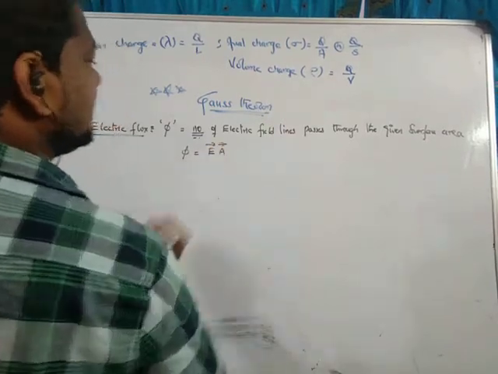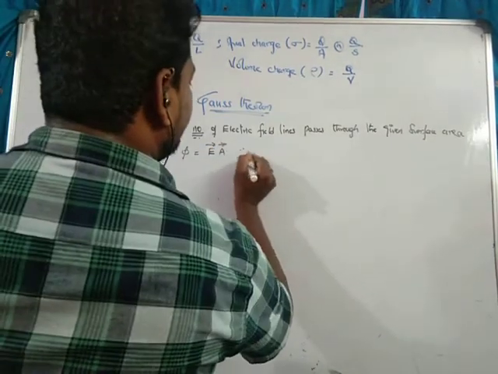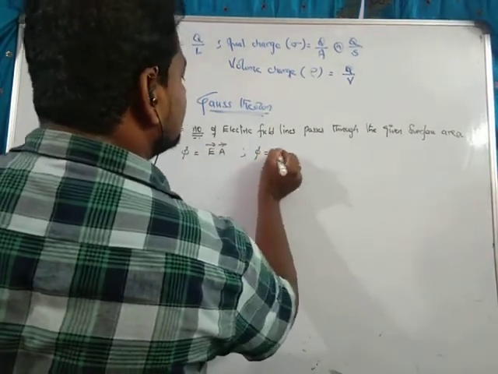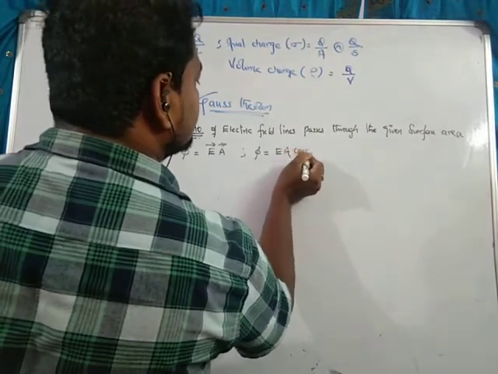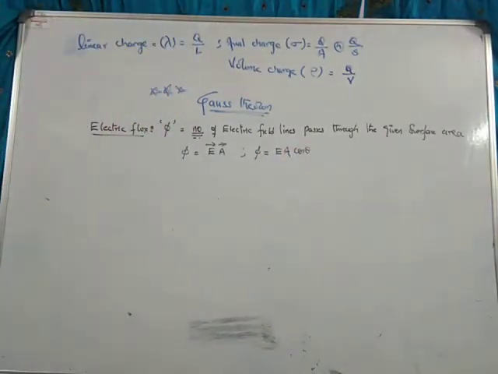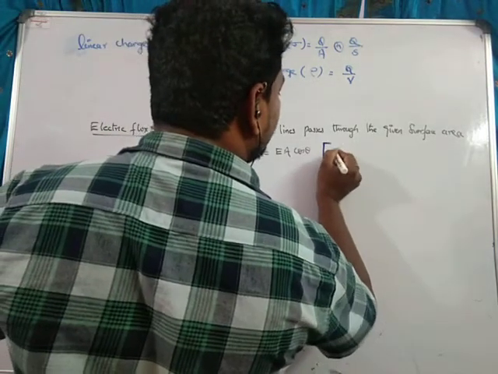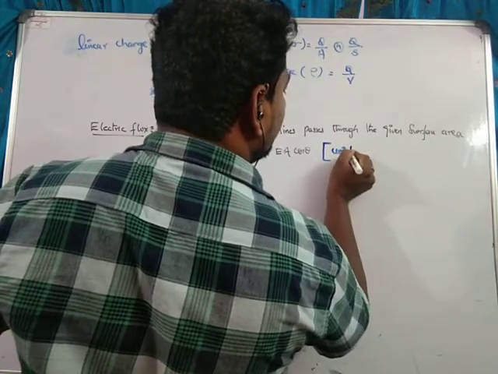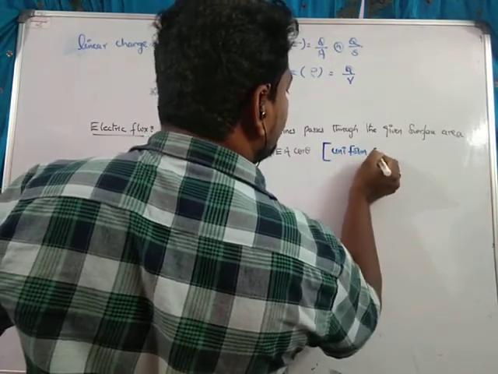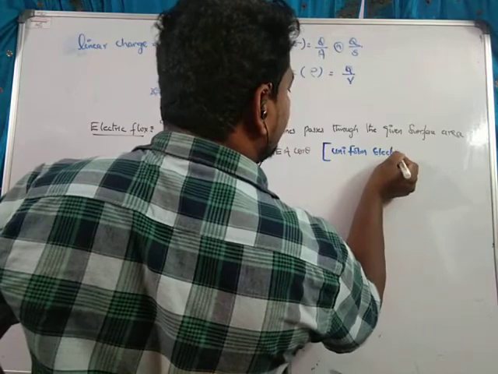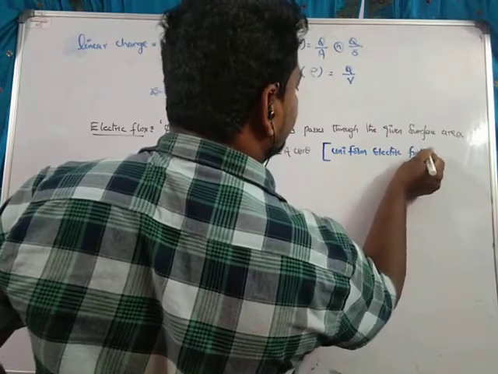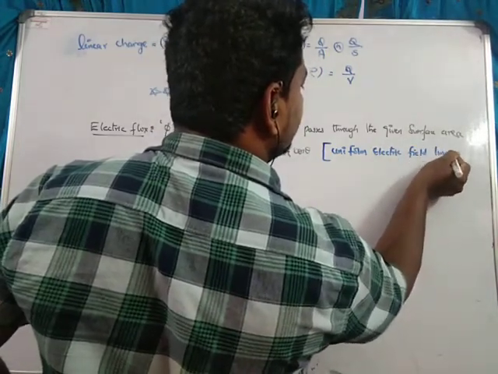Flux is equal to EA when both have the same direction, or we can represent flux is equal to EA cos theta. This definition is applicable only for uniform electric field lines.